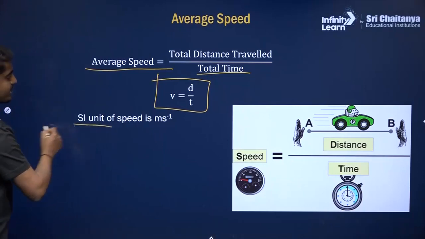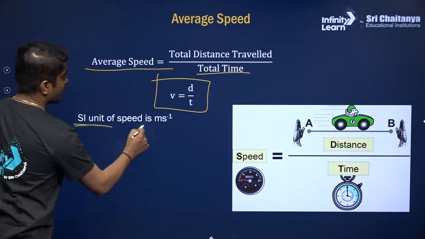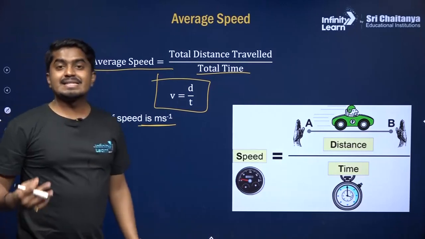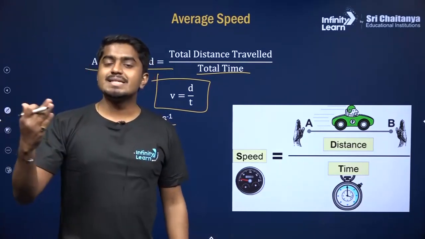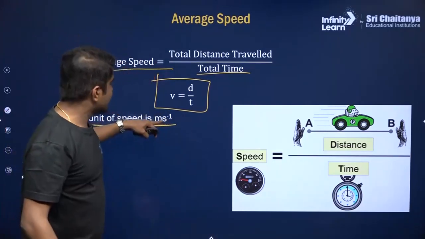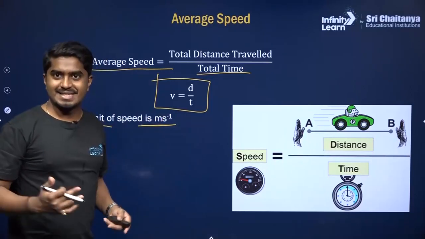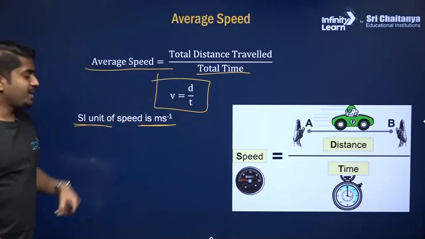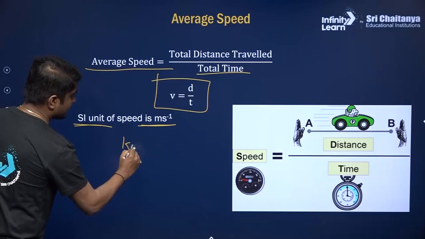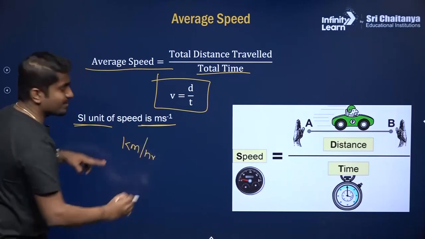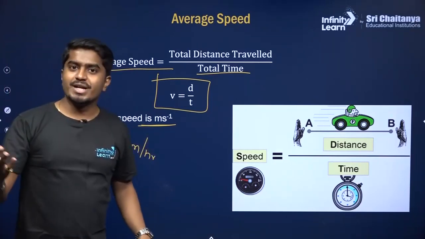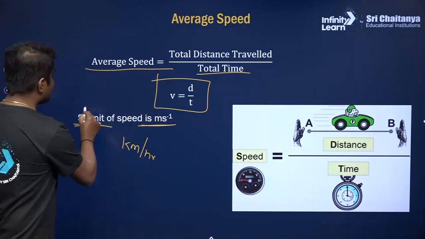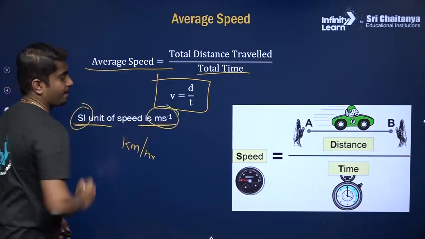And the SI unit of speed is meters per second. How many meters it has traveled in unit time, that is seconds. Other units can be kilometers per hour. There are many other units, but this is the standard SI unit.